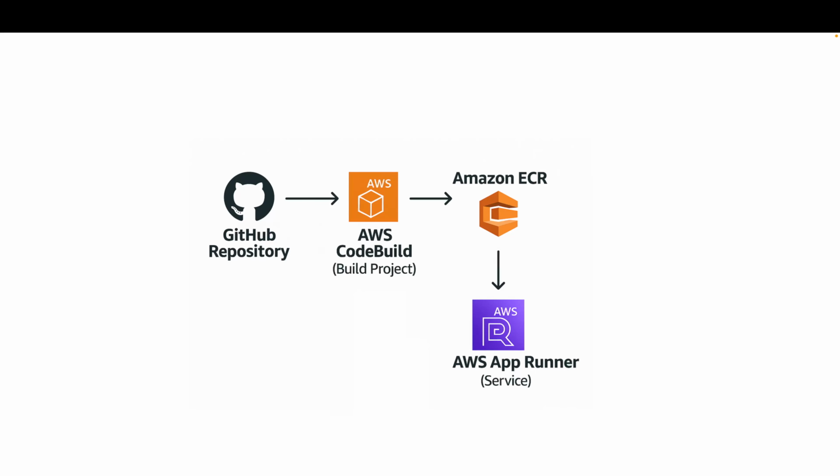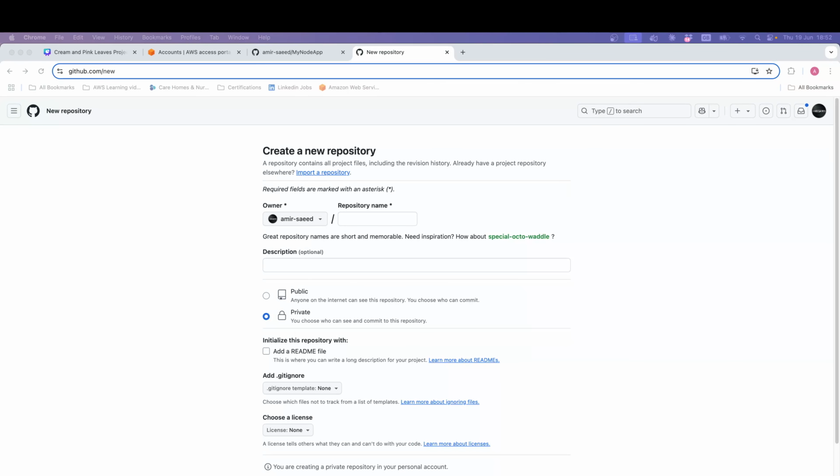We need to configure some AWS CLI. First, thing first, you're going to need a GitHub account, and when you create the account, the next thing is to create the repository.